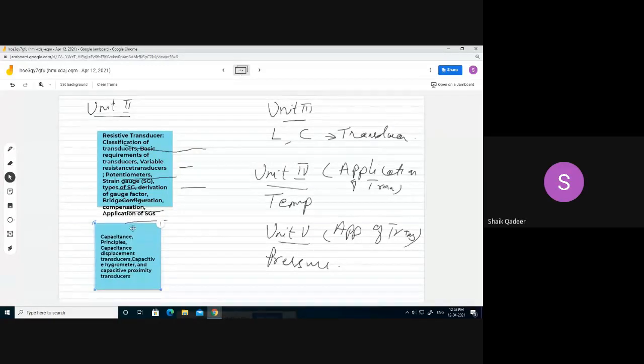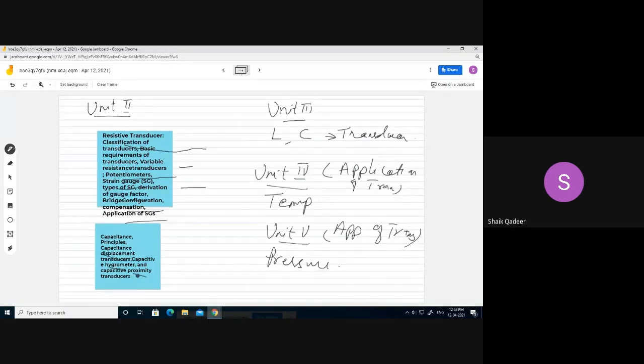This is the capacitive transducer principle. Then three applications are covered. First one, displacement measurement. Second one, humidity. Hygrometer is nothing but a humidity measurement device. IPL is going on, so to measure the dew factor we will use a hygrometer or humidity touch sensor.